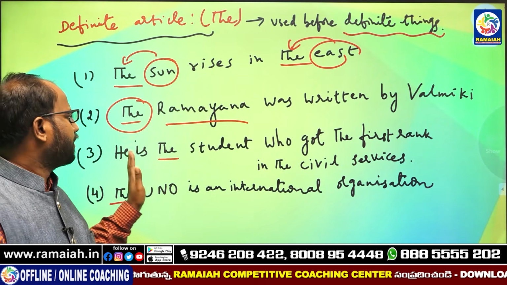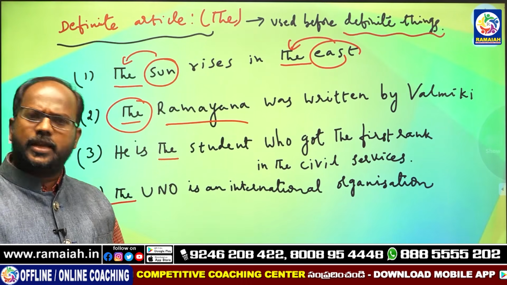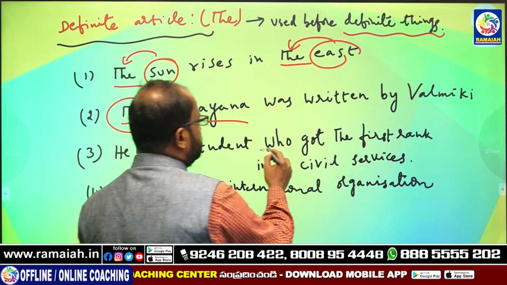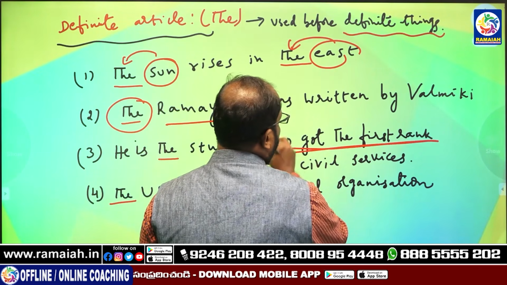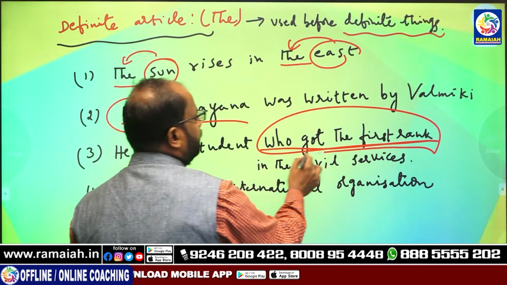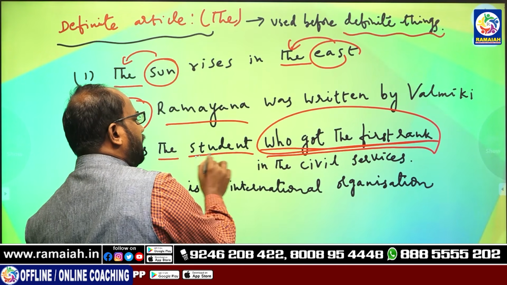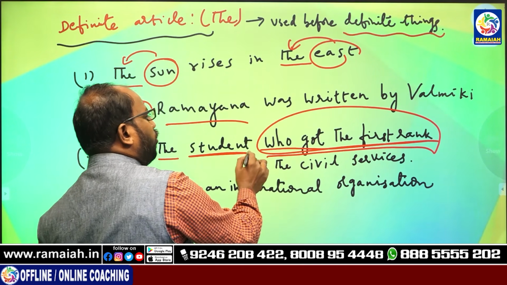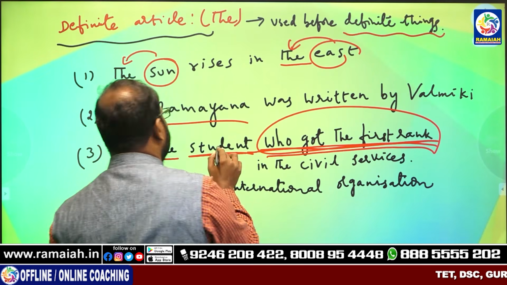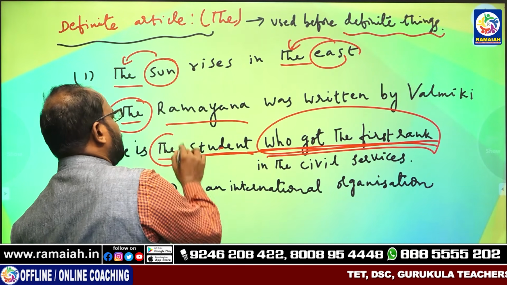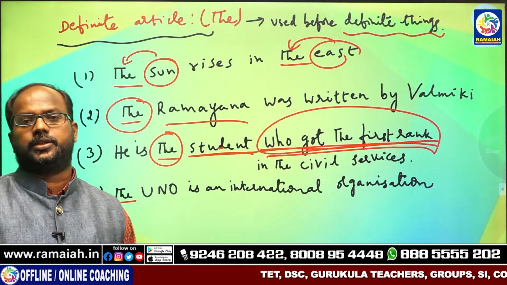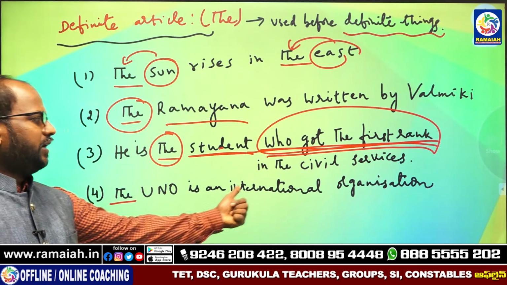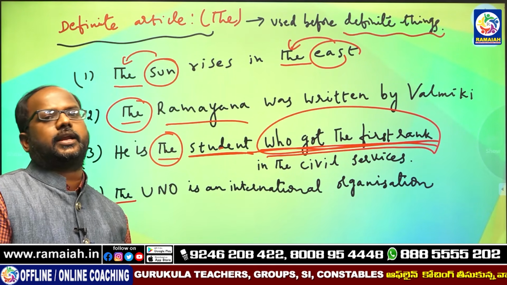Say for example, he is a student. But in this sentence, who got the first rank? We are specifically talking about the student who got the first rank. Who got the first rank has made this student special, particular. So the student.